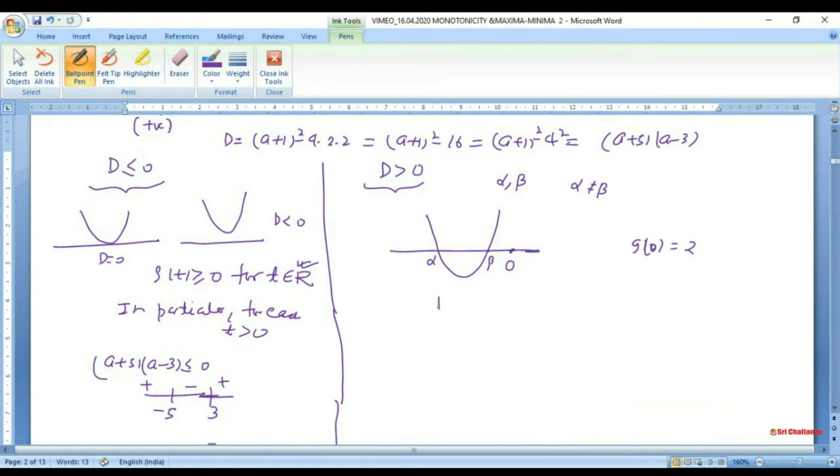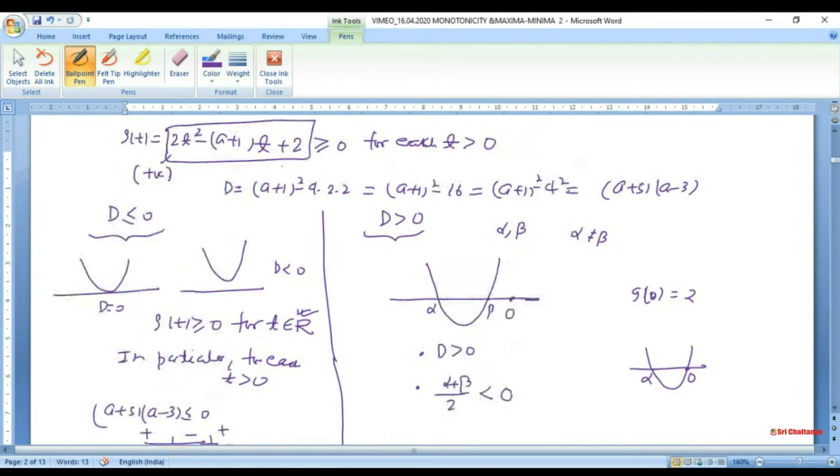If you remember, d is positive, that is one. If you want roots like this, d positive. Second is that alpha plus beta by 2, this midpoint, is less than 0. Even if beta is 0, that works. So 0 must be here, because we want this to be non-negative for each t.